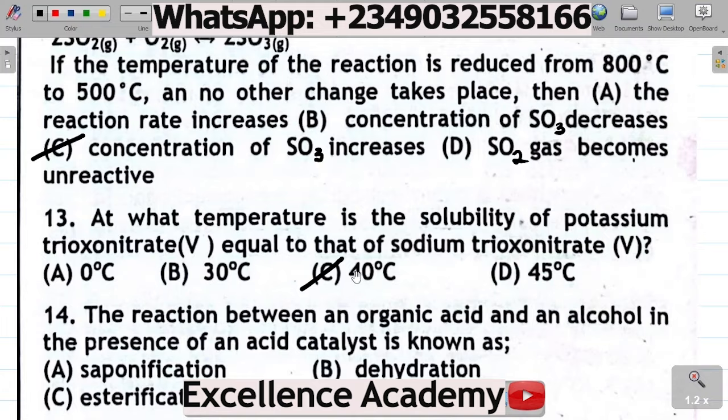All right, there's a graph known as the standard solubility curve that shows the curves for different compounds, right? If you look at that graph, you see that potassium trioxonitrate V and sodium trioxonitrate V both intersect at 40 degrees Celsius. So the correct answer becomes 40 degrees Celsius according to the graph from the standard solubility curves.